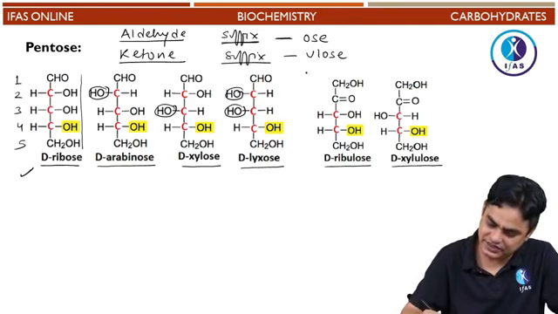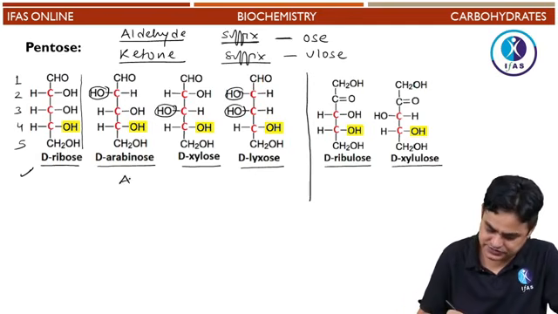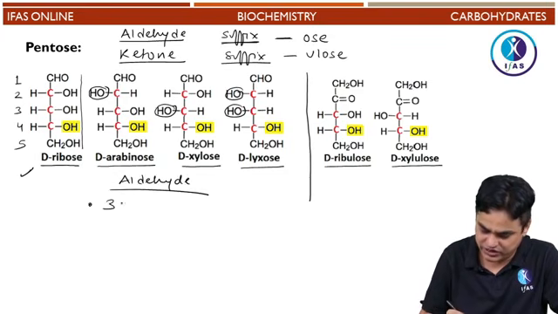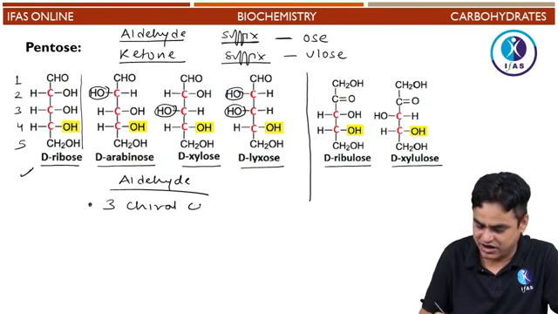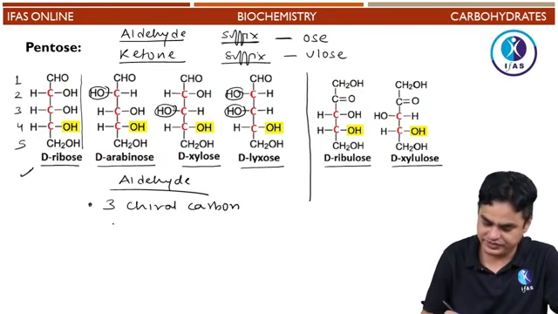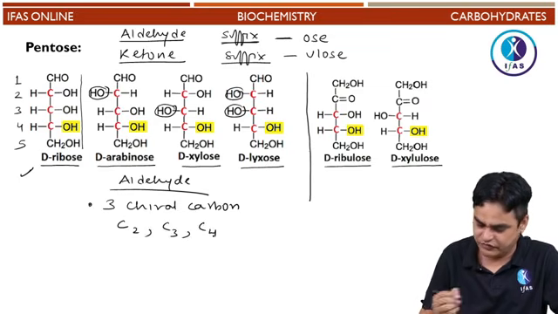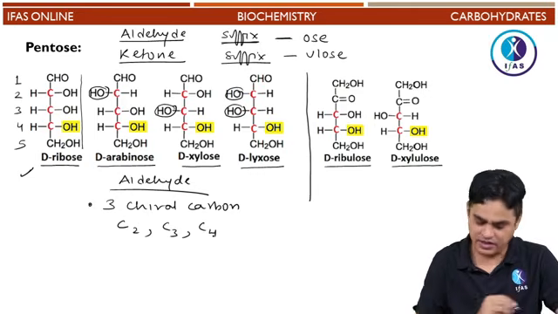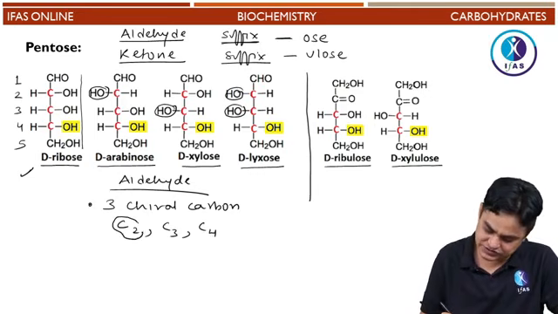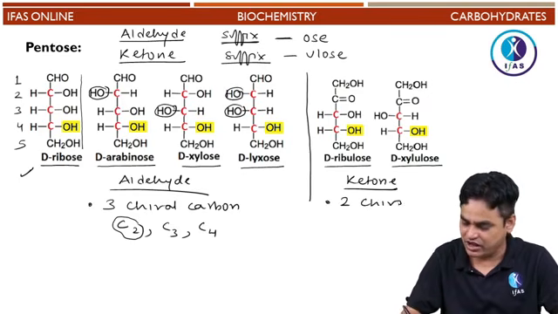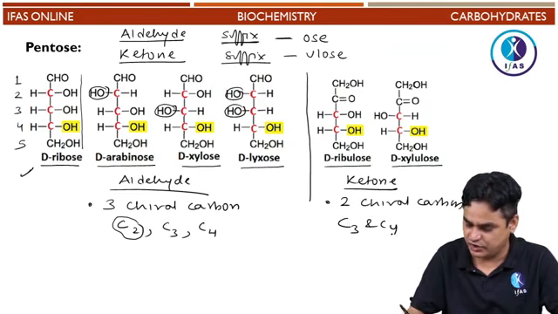You can see that in these aldehydic pentose forms, there are 3 chiral carbons: carbon number 2, carbon number 3 and carbon number 4. In ketonic versions, carbon 2 cannot be chiral. So in ketones there are only 2 chiral carbons, carbon 3 and carbon 4.